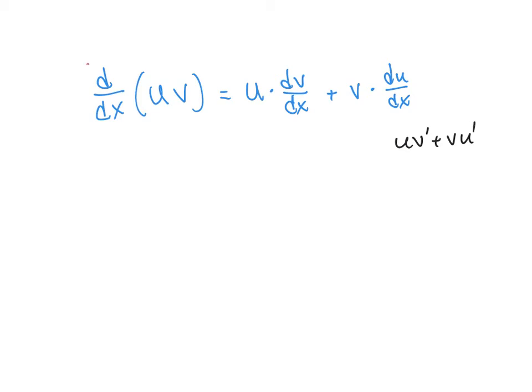So essentially what we're going to do is multiply this whole thing by dx and get these dx's to sort of cancel out. And when we do that, we get the differential of the product, d of uv, equals u times the differential of v, dv, plus v times the differential of u, du.